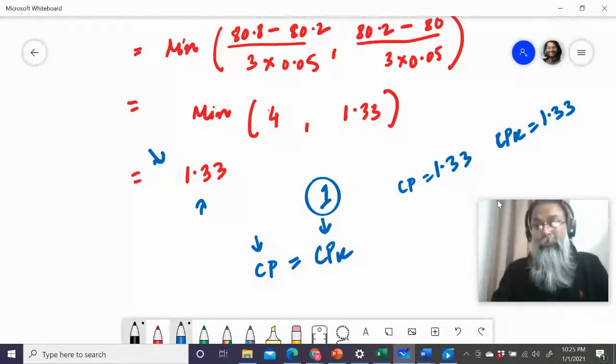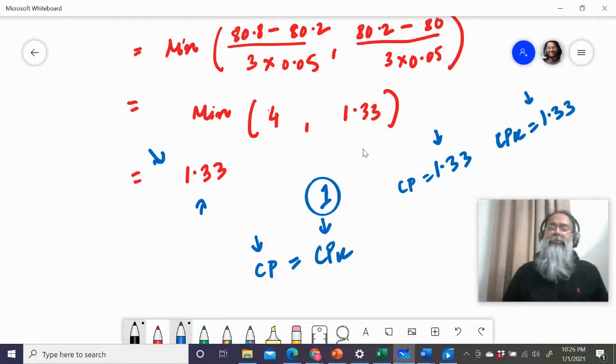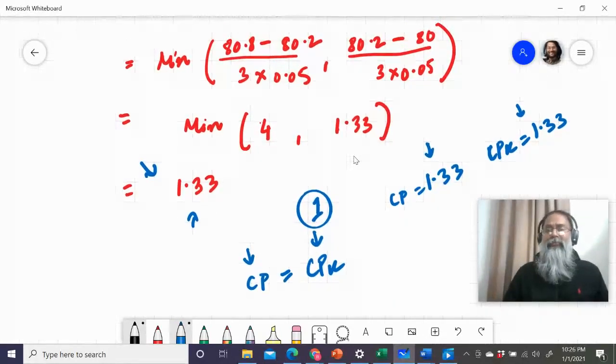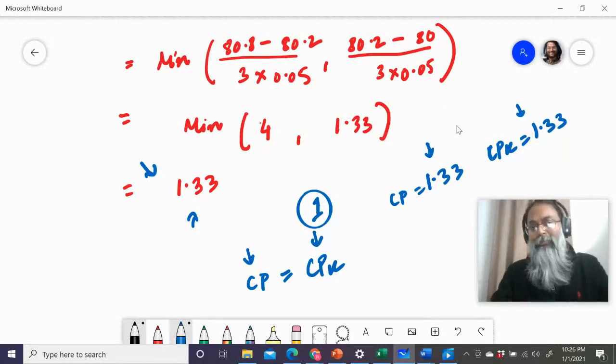If CP is 1.33 and CPK is also equal to 1.33, from this we could conclude the process is not only just capable or within customer specification limit, the process is also centered. So this is how you calculate CP, CPK value and answer the three important questions: whether the process is capable, whether the process is within customer specification limit, and whether the process is centered.